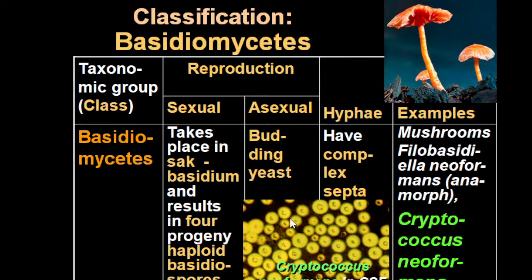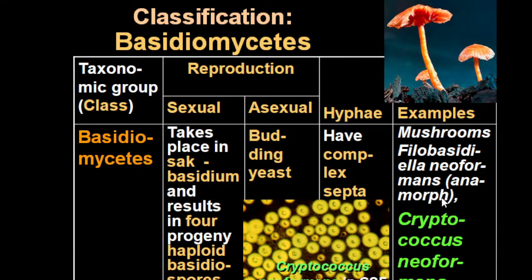So the next group is Basidiomycetes. And they again have both sexual and asexual ways of spore production. The sexual one takes place again in a sac-like structure, the basidium, and the result will be four progeny haploid basidiospores. The asexual way of spore production occurs in the form of budding yeasts. And usually hyphae have complex septa.